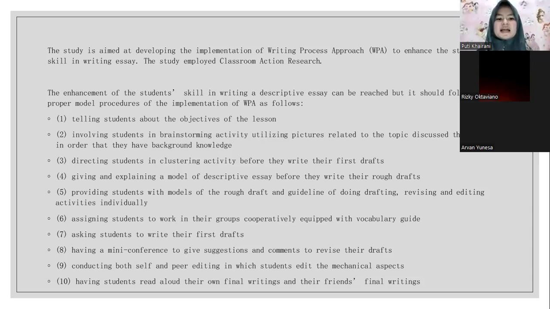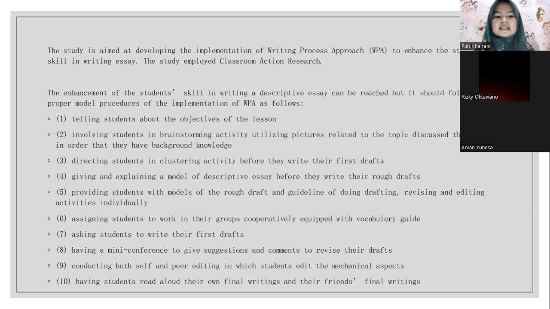Four, giving and explaining a model of a descriptive essay before they write their rough draft. Five, providing students with models of the rough draft and guidelines for doing drafting, revising, and editing activities individually. Six, assigning students to work in their groups cooperatively, equipped with a vocabulary grid.